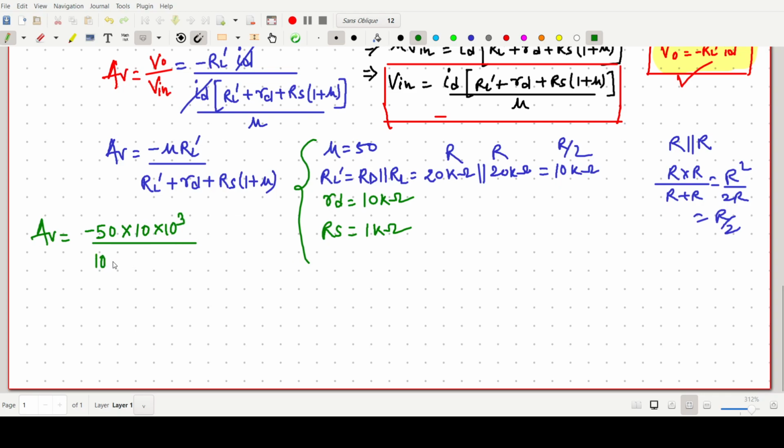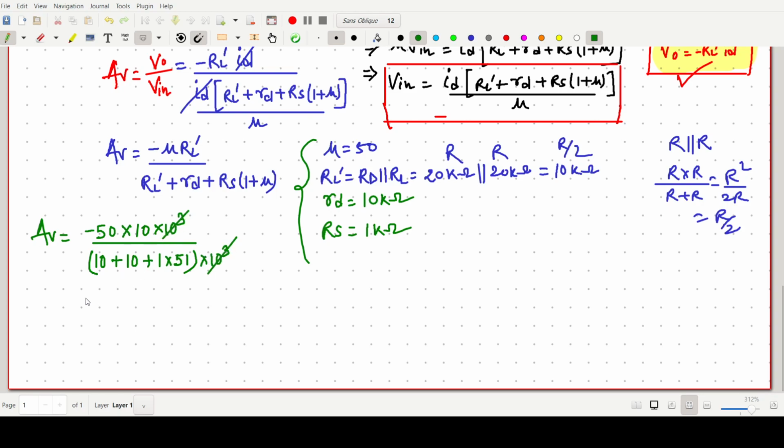At the end RD value is also 10 kilo ohm, so it will be 10 plus RS, so 1 into 50 plus 1, 51, into 10 to power 3.